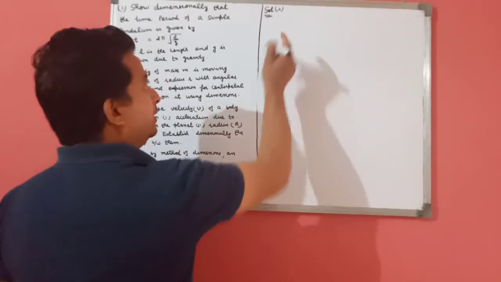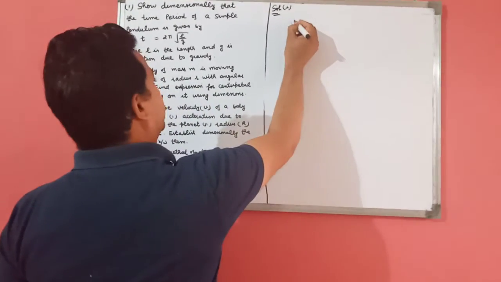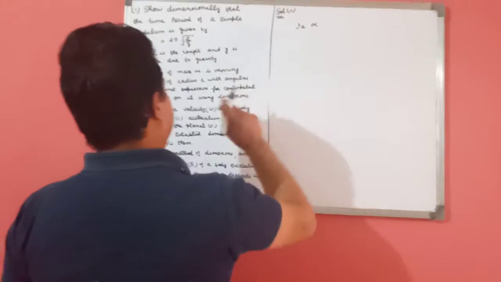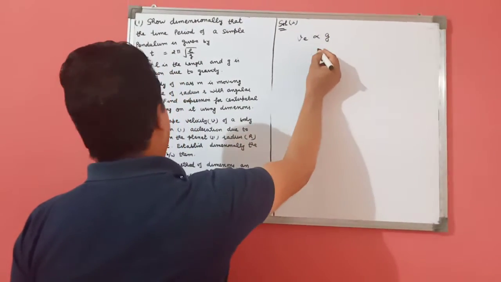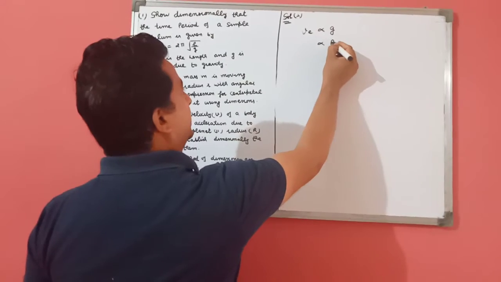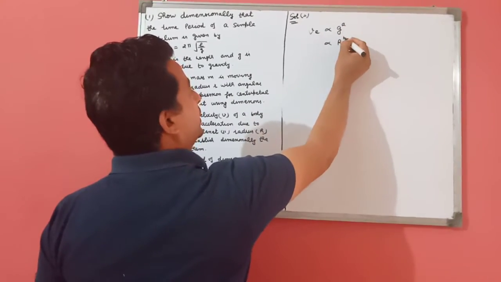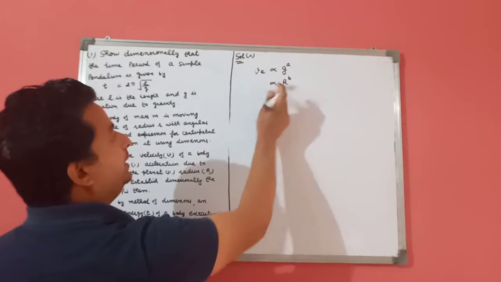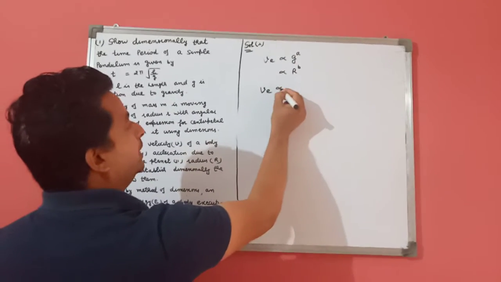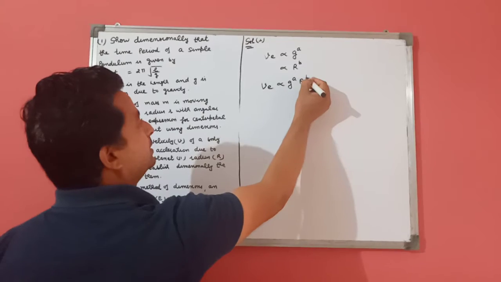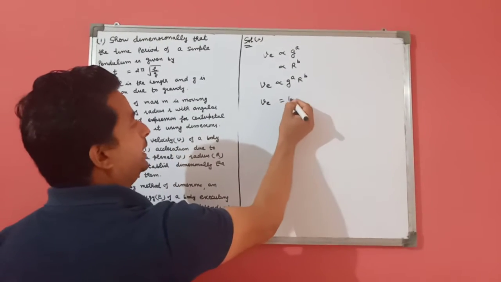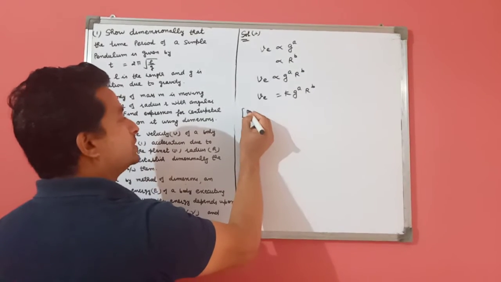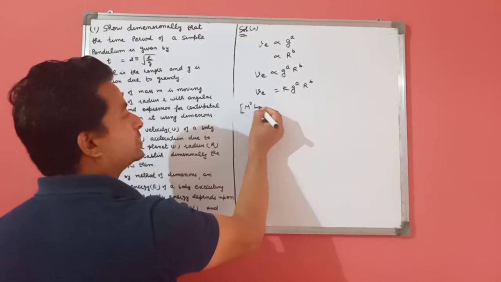So the escape velocity depends on the acceleration due to gravity and the radius of the planet. We raise these to powers a and b, and k is the constant of proportionality. So escape velocity has dimensions the same as that of velocity.